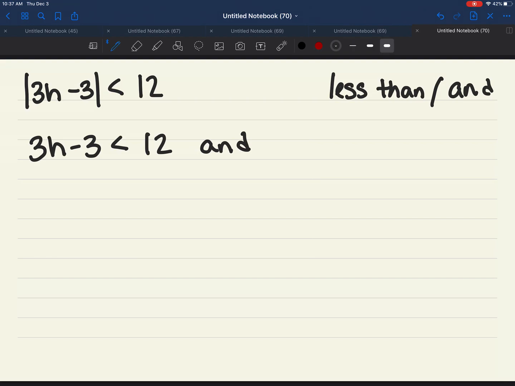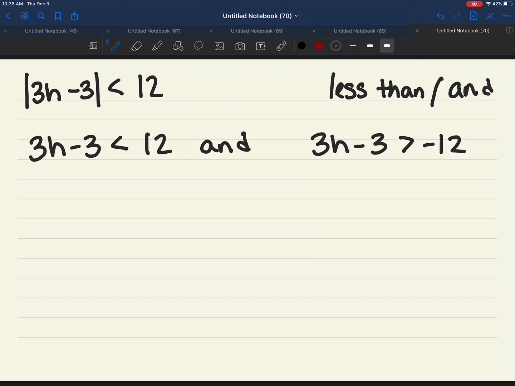Think about what we did when it was an equal sign. 3h minus 3 is less than negative 12. You're close. Greater than negative 12. So not only do you change the sign, you flip the inequality also. Every time you rewrite it, you flip the inequality and change it to a negative. Or just change the sign. If it's already negative, you change it to a positive.